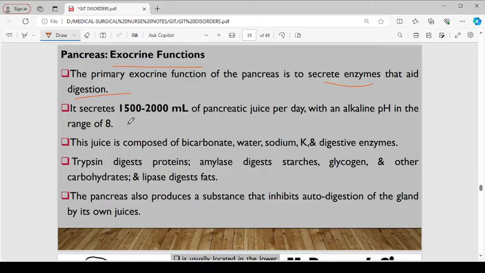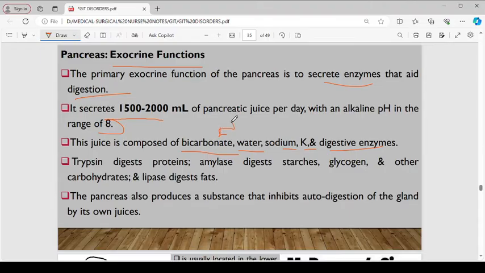The pancreas normally secretes about 1.5 to 2.0 liters of pancreatic juice per day, with an alkaline pH of about 8. This juice is composed of bicarbonate, water, sodium, potassium, and digestive enzymes. Remember, bicarbonate is very important for neutralization purposes.